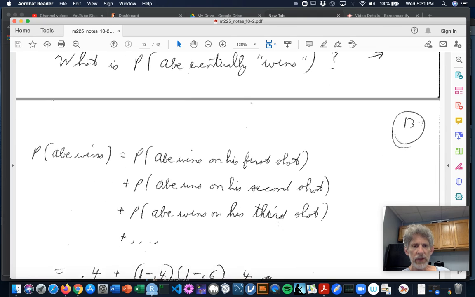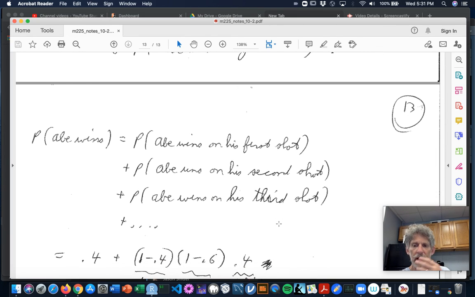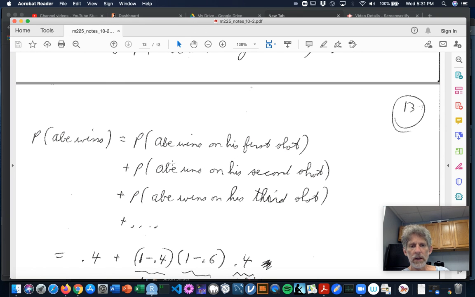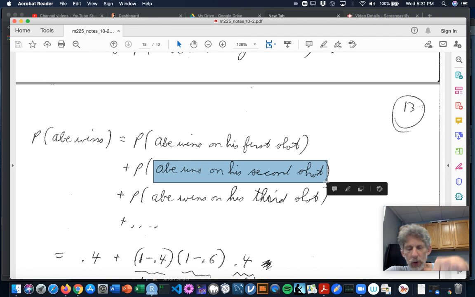You can actually think about the event of Abe winning as being broken up into infinitely many possible ways for that event to happen. Abe could win on his first shot. Abe could also miss his first shot, and Bo misses his first shot, but Abe hits on his second shot. So he would win on his second shot.